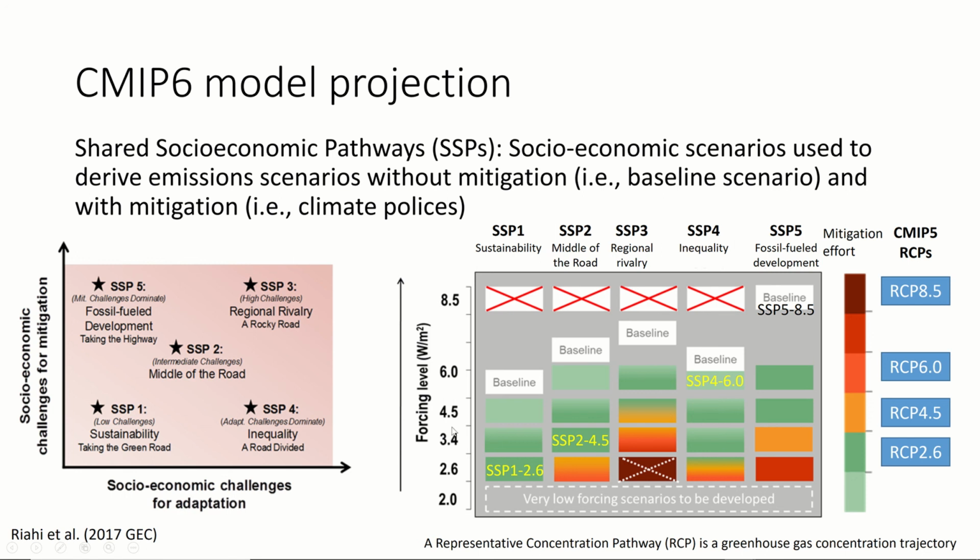So in comparison, if we want to compare this, for example, to CMIP5, these RCPs, the representative concentration pathways, are the greenhouse gas concentration trajectories in CMIP5. So for example, the SSP1 2.6 would be equivalent to the RCP 2.6 in CMIP5.